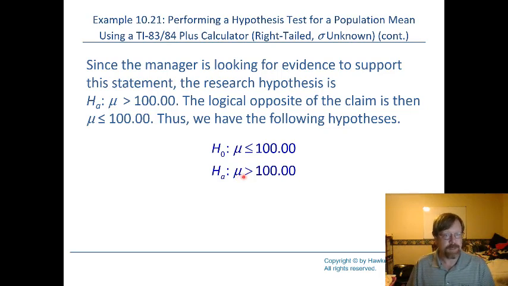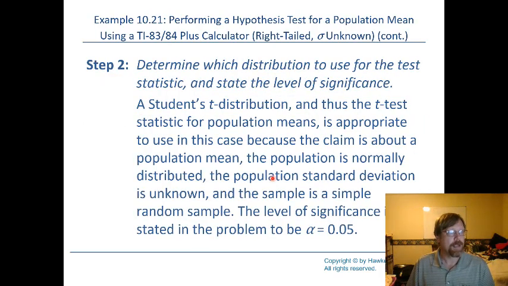The alternative or research hypothesis is that the mean is greater than 100. As we've seen, the t-test is appropriate for this because it's about a population mean. It's normally distributed, we don't know the population standard deviation, and it's a simple random sample. Significance level was stated as 0.05.